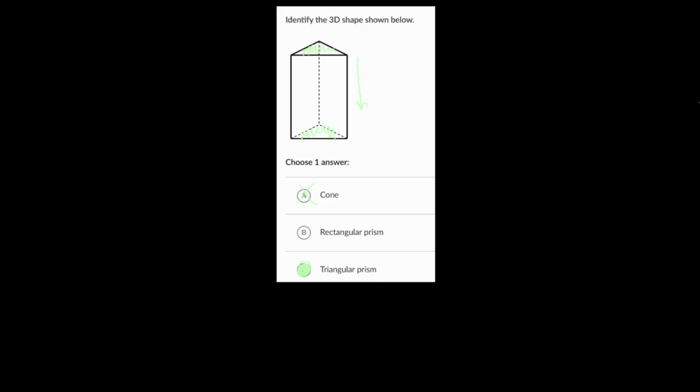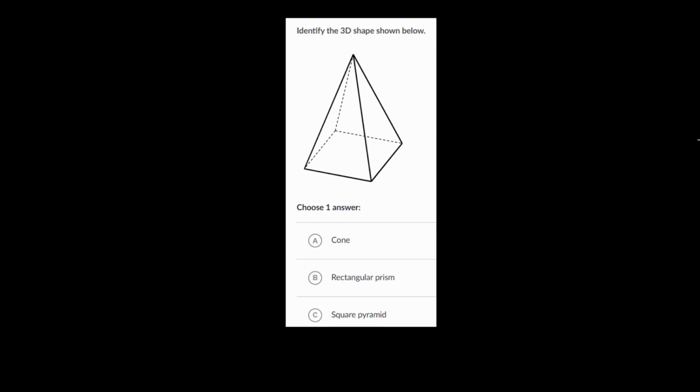So that makes it a triangular prism. So let's do one more problem. And this one is a pyramid. You might be familiar with some of the more famous pyramids, but these are named because they have some kind of polygon as the base. So notice this one has a square as the base. Let me draw this out roughly, and let me use the line tool.